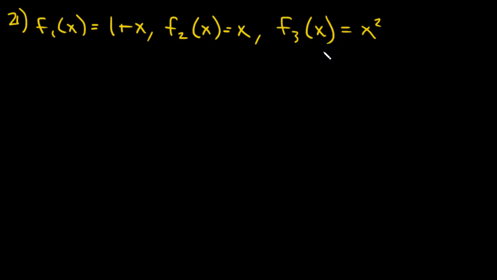There is no way I can do a linear combination of f1 and f2 to get f3. It's not happening. So let's just verify that by looking at the Wronskian.